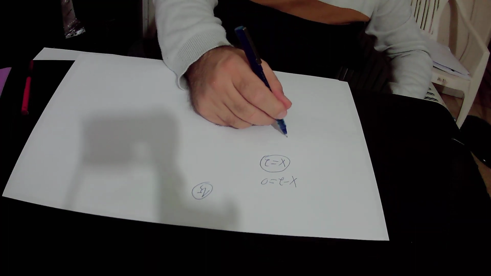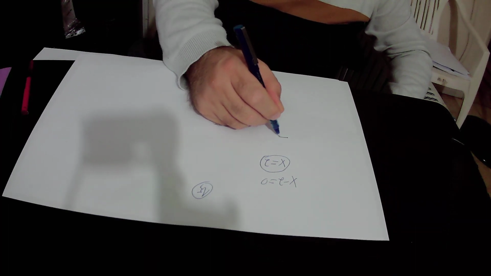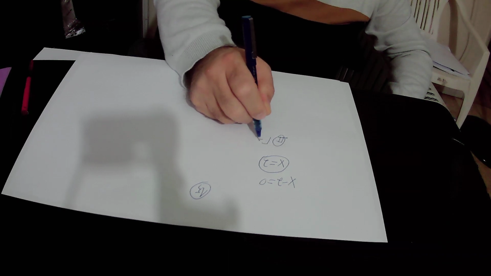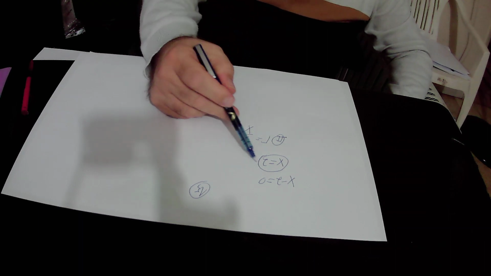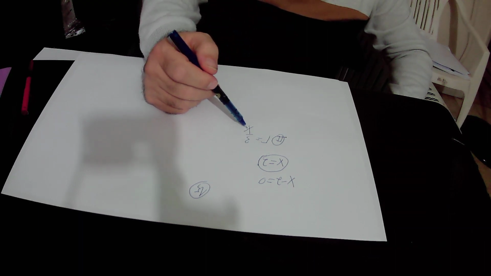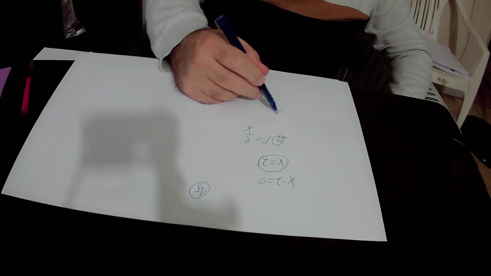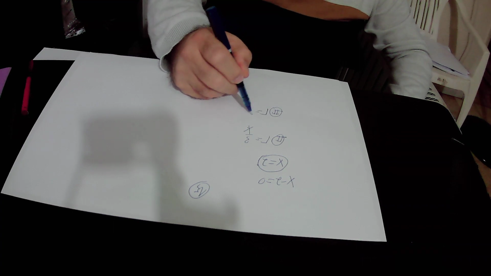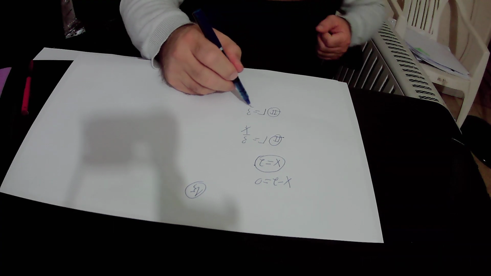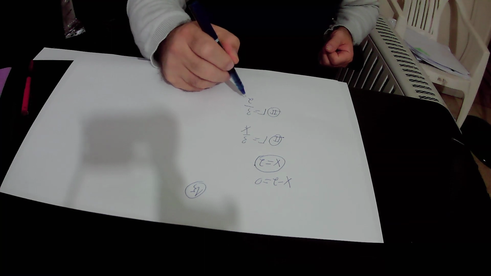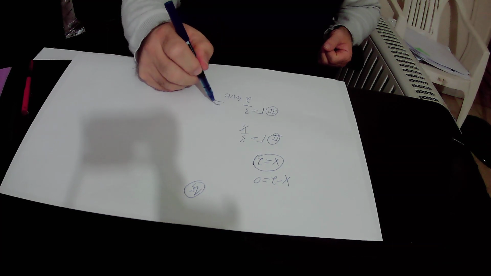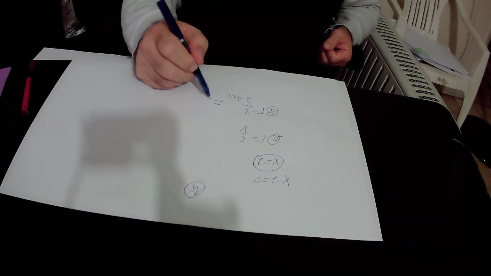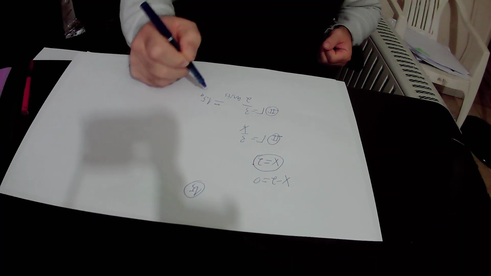We have already found, according to equation number 2, that r equals 3 over x. Since x equals 2, we can substitute x by 2 in equation number 2, and we get that the radius of the semicircle r equals 3 over 2 units, or you can also present it as 1.5 units.